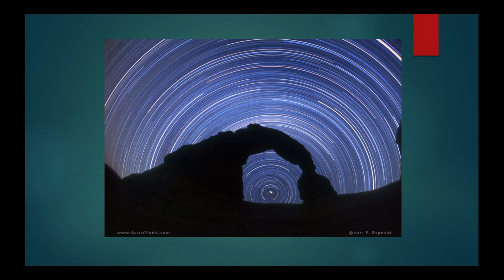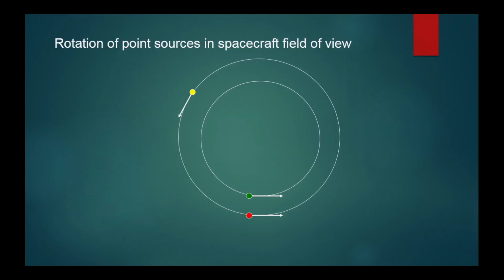They're not. The Earth is spinning, but it's the same effect. So if you're sitting on the RESI spacecraft, you see sources in the sky doing circles at about once every 4 seconds.